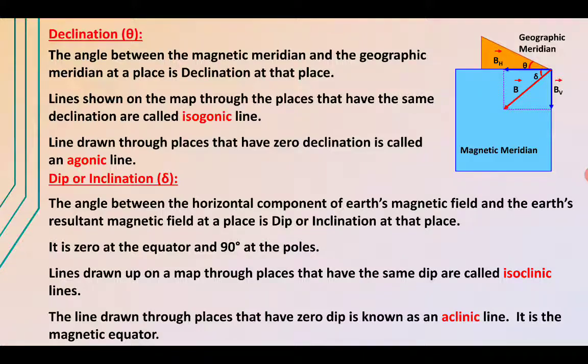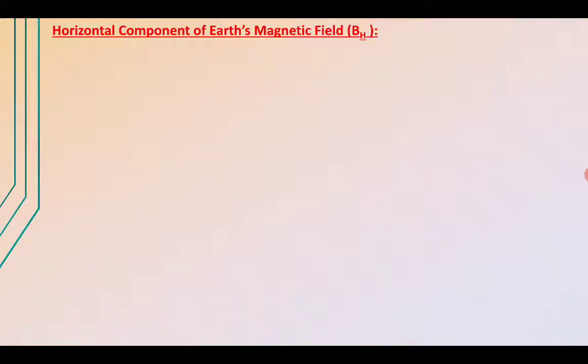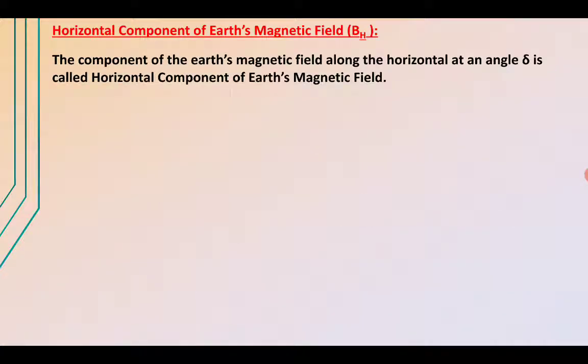After defining these two angles, we have another term, the horizontal component of Earth's magnetic field, that is BH, and this is the part of the total magnetic field in the horizontal direction. So the component of Earth's magnetic field along the horizontal at an angle delta is called the horizontal component of Earth's magnetic field, and it is represented as BH = B cos delta.